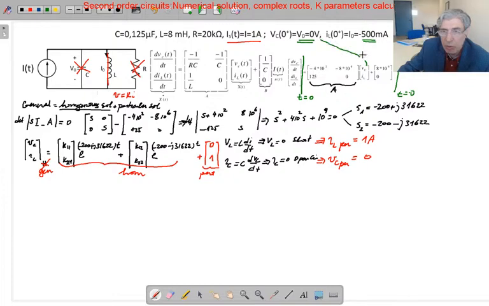And for the inductor, when you replace t, it's going to be this value, minus 0.5. So 500 milliamp means minus 0.5 amp, isn't it?